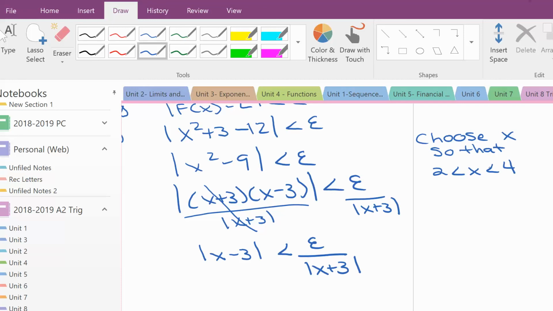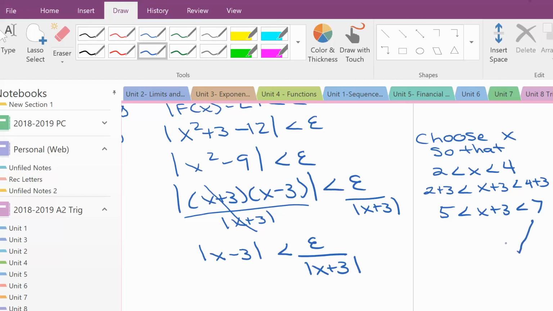And if you add 3 to both sides, because that's what we want to get, 2 plus 3 is less than x plus 3, which is less than 4 plus 3. So 5 is less than x plus 3, which is less than 7. So that means the absolute value of x plus 3 has to be between 5 and 7.